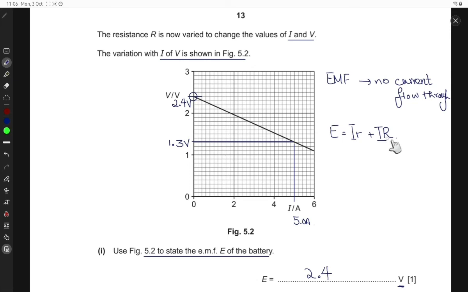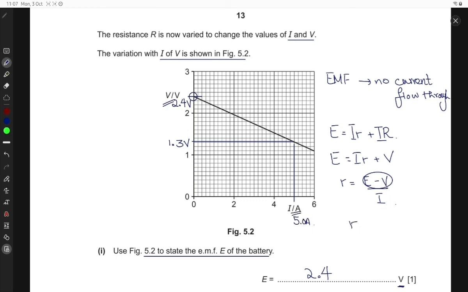Now we know that IR is just V. Now we can rearrange this equation as r is equal to (E minus V) divided by I, where on the top we have what we have on the vertical axis, and on the bottom we have what we have on the horizontal axis.